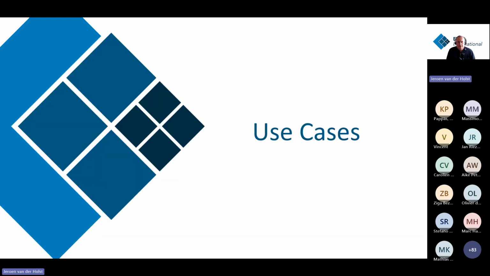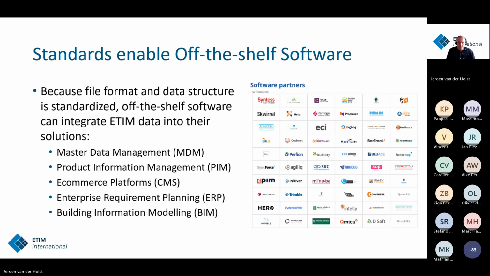Let's have a look at some of the use cases in practice. The first thing to explain is digitalization is built on the fundament of standardization. And because file format and data structure is standardized, it's all made machine readable, so off-the-shelf software can integrate ETIM data into their solutions.